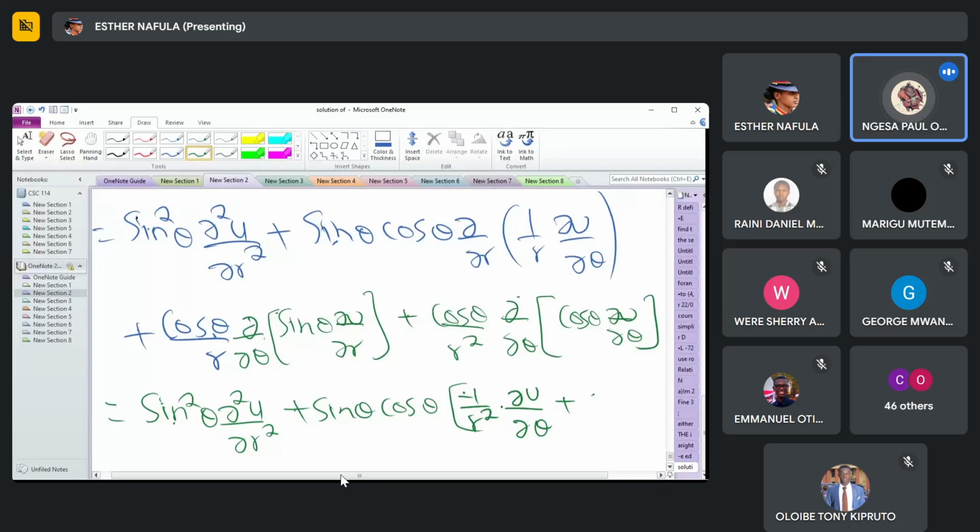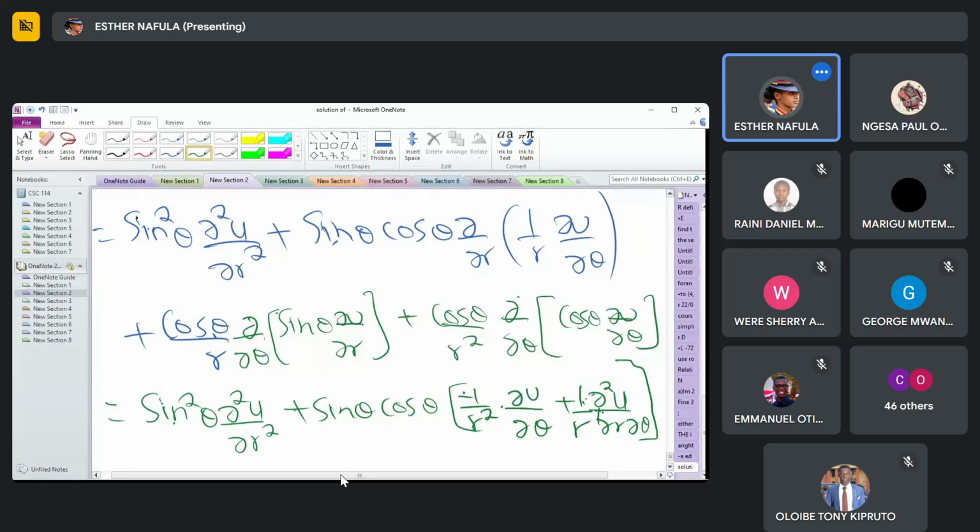Okay, plus partial squared u of partial r partial theta. We have a 1 over r here. Yes, so we need a 1 over r here. We're holding 1 over r constant, then we differentiate partial u. We proceed to the next term.